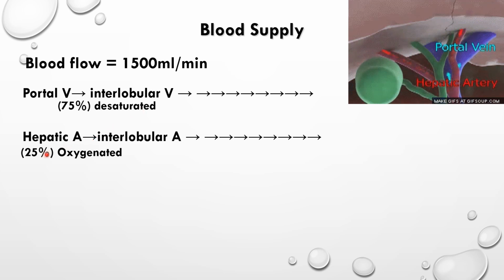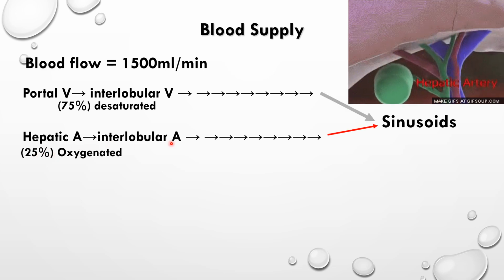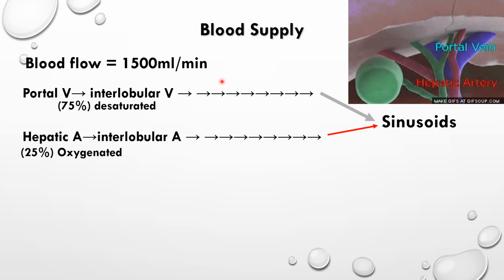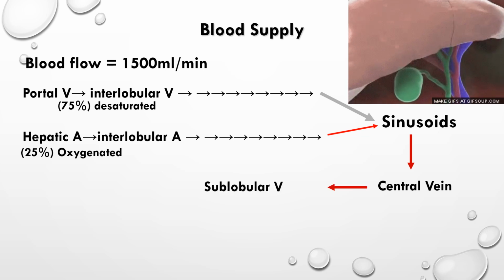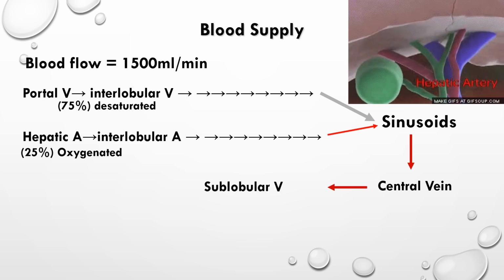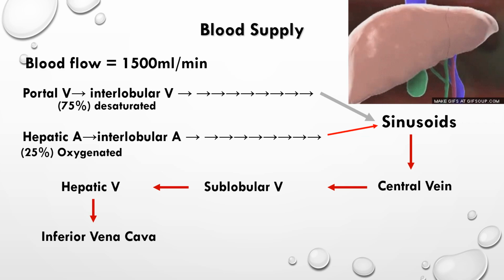The hepatic artery supplies only 25%, and from there it goes to the interlobular artery. Both the portal vein and the hepatic artery empty into the sinusoids. From there the blood goes to the central vein, then to the sublobular vein, and finally to the hepatic vein. From the hepatic vein, it reaches the inferior vena cava.